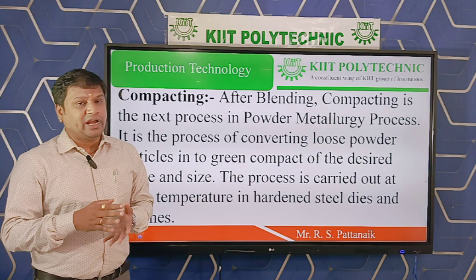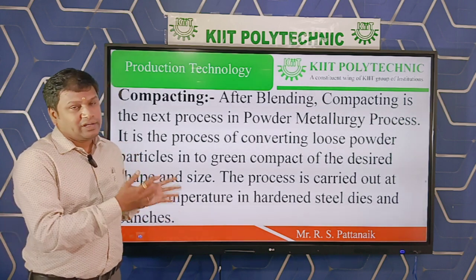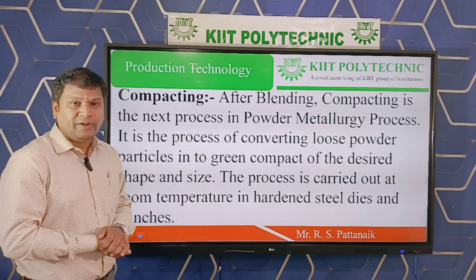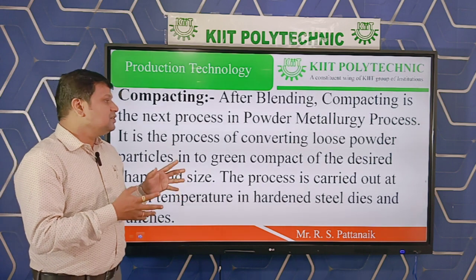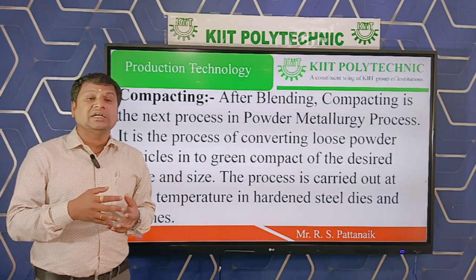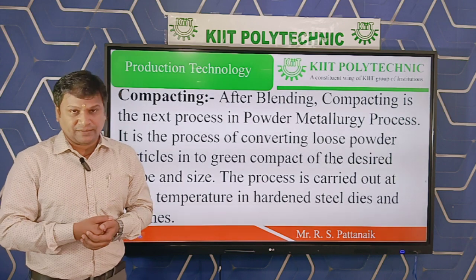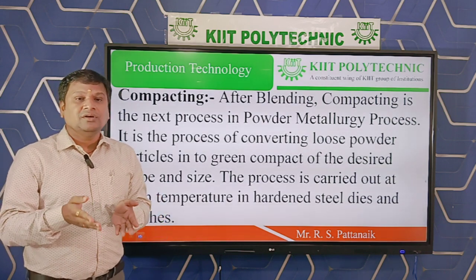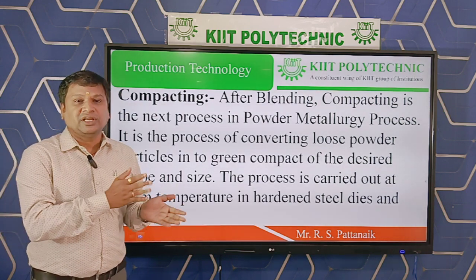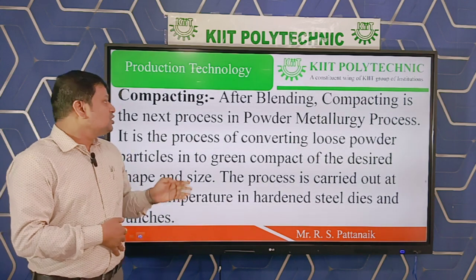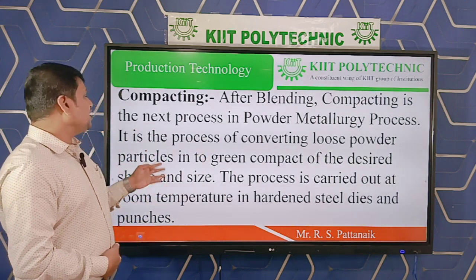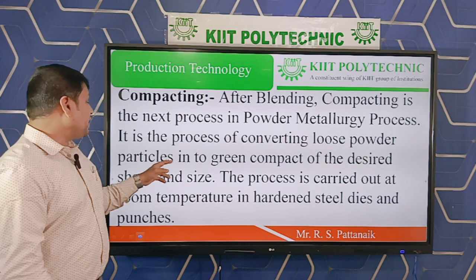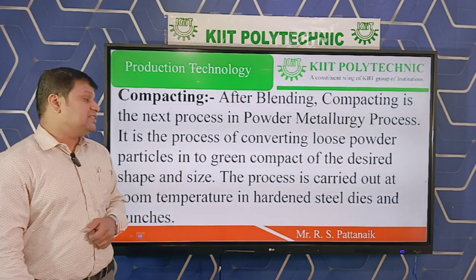Both mechanical and hydraulic means are used for creating pressure in this compacting step. Here the blended metal powders are converted into a green compact, a green state. It is not the final product, just the step before the final product. After blending, compacting is the next process in powder metallurgy. It is the process of converting loose powder particles into green compact of the desired shape and size.